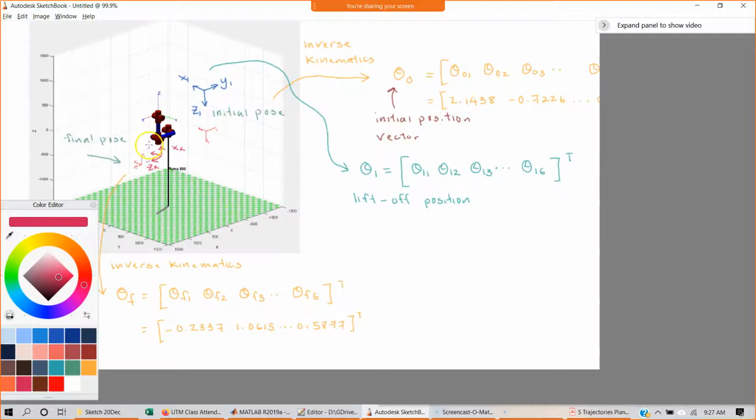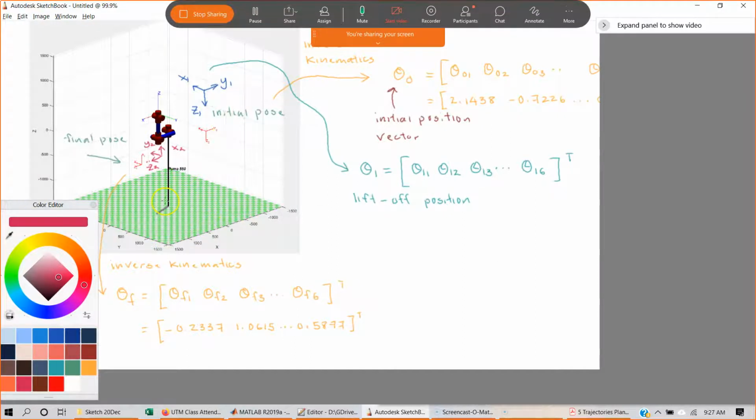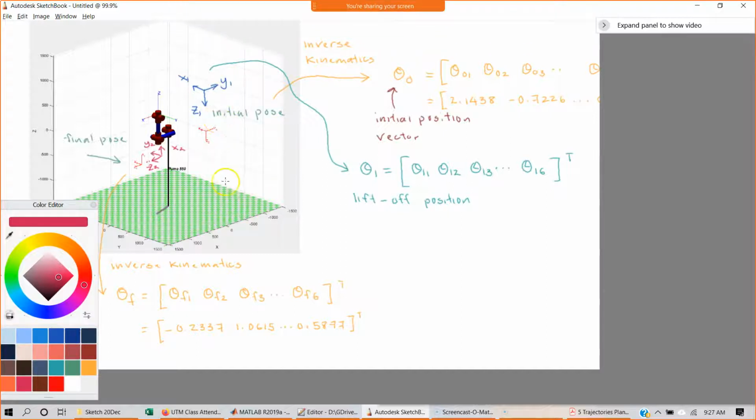That is your y2. Okay, I hope you can see. If you cannot see, I can draw it bigger if you want. So from here, again, inverse kinematics, you would have theta 2. So theta 2,1, theta 2,2, up to theta 2,6.